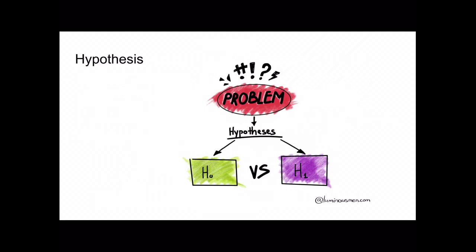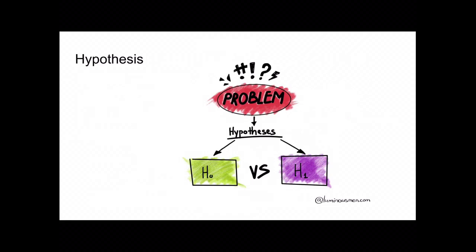So if a certain percentage of people do get better with using this drug or this procedure, that would be our alternative hypothesis, that this thing does work, or that perhaps it works. So that's a null hypothesis and an alternative hypothesis.